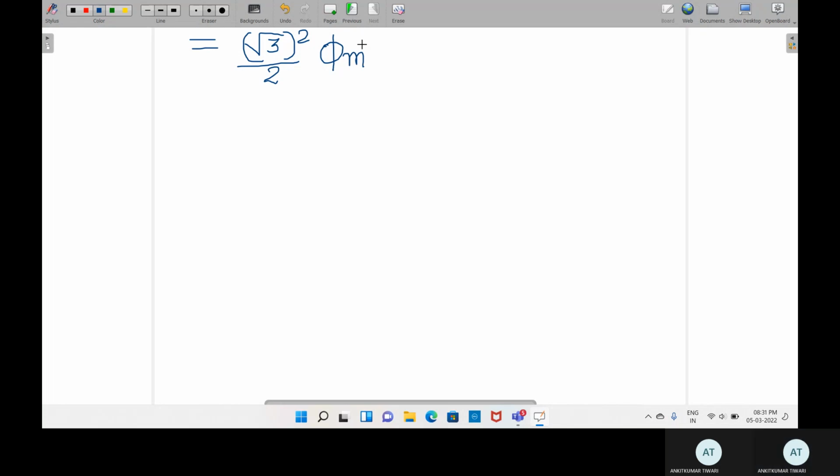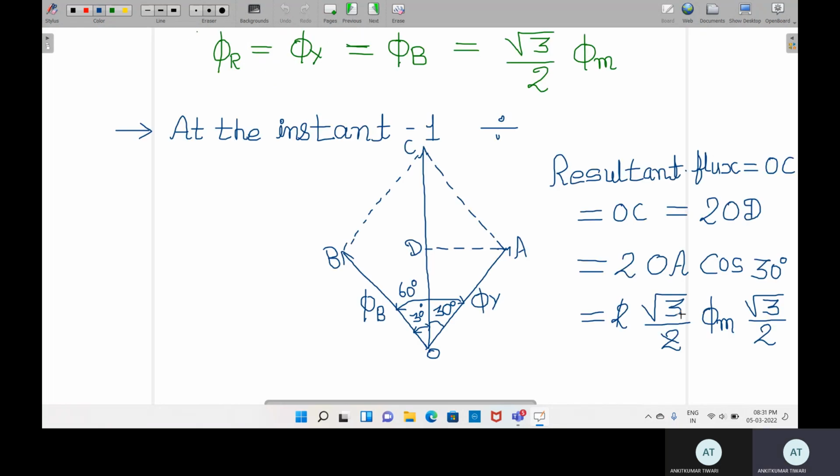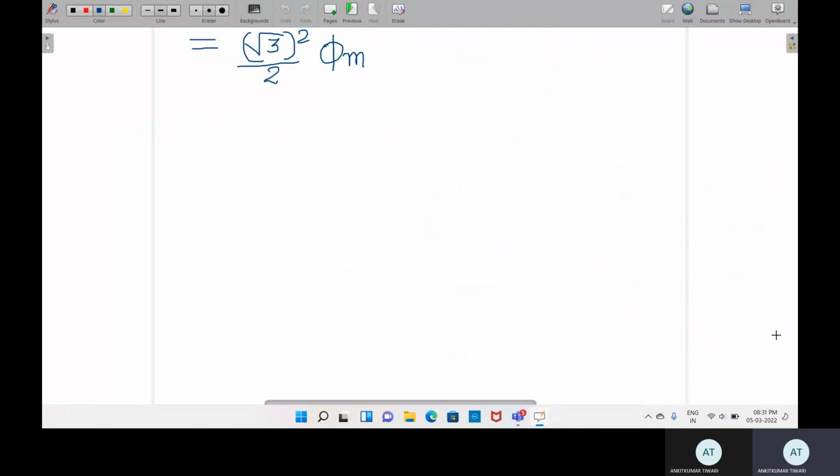The 2 has been cancelled, so divide by 2 only. So root 3 square is 3, and it becomes 3 divided by 2 into phi m.